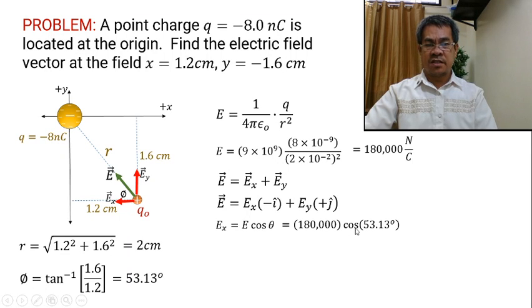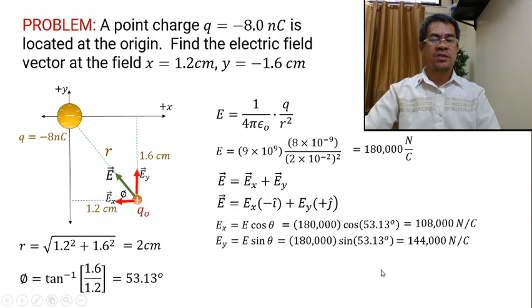Substituting the values, the magnitude and the cosine of 53 result in 108,000 newton per coulomb. Now for the Y component, we have E sine theta, which is 180,000 sine 53.13 degrees. Calculate: 144,000 newton per coulomb. So these are the magnitudes of the components of the electric field.